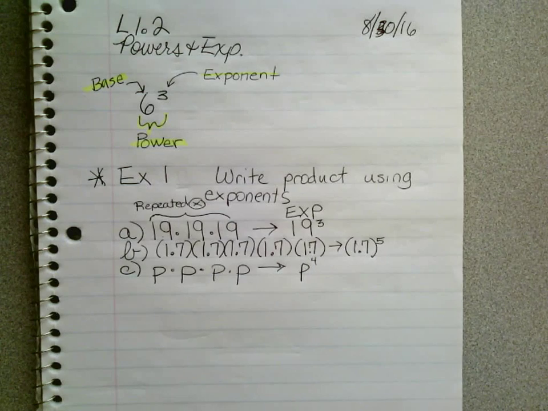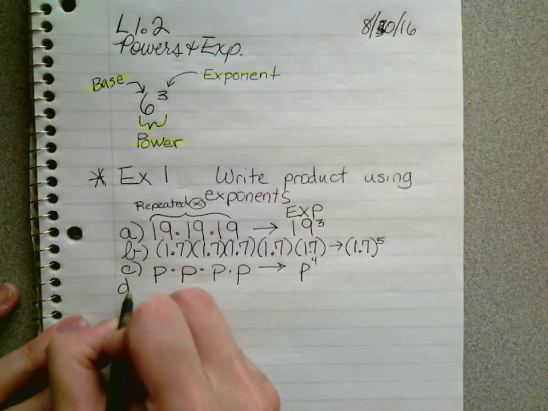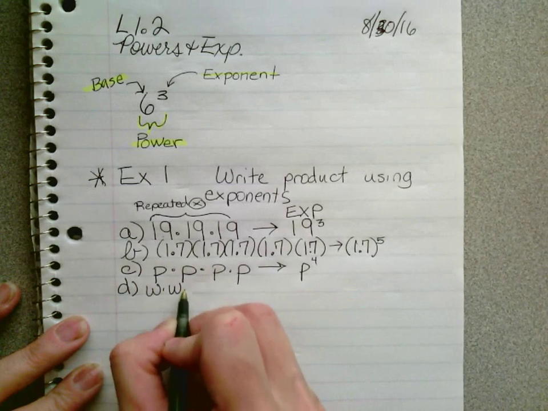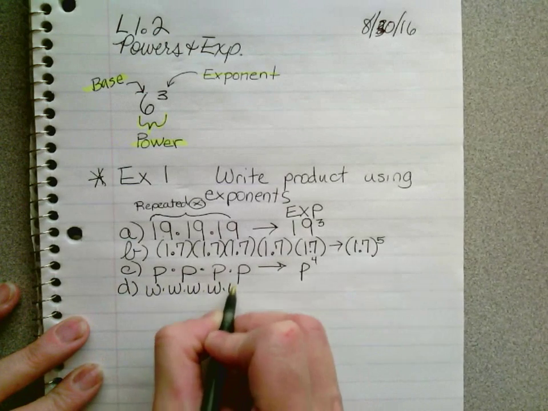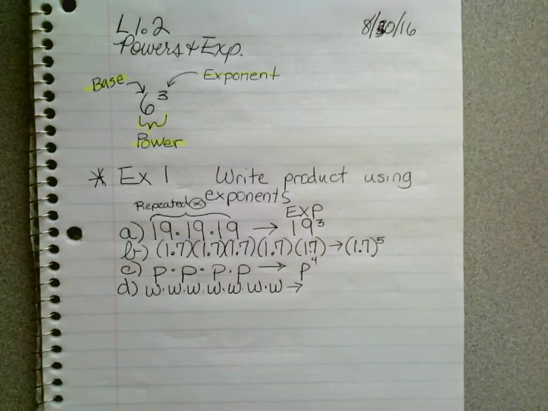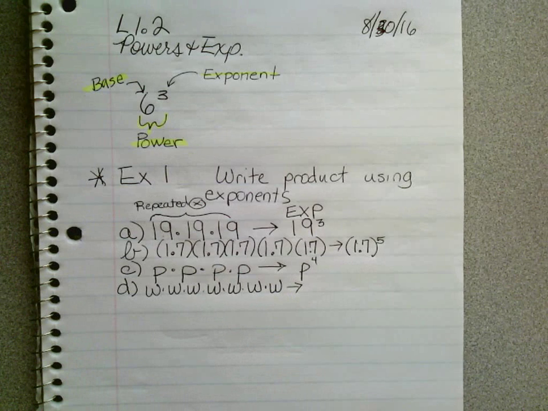Last thing, we'll do as ridiculous as it seems. If we don't practice this, I guarantee you're all going to be standing up at my desk asking me, what is repeated multiplication?